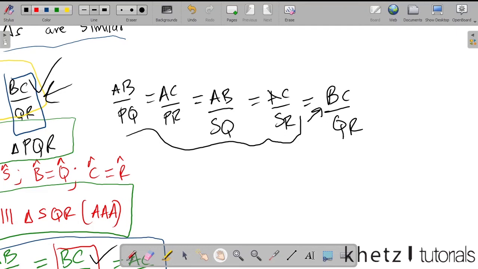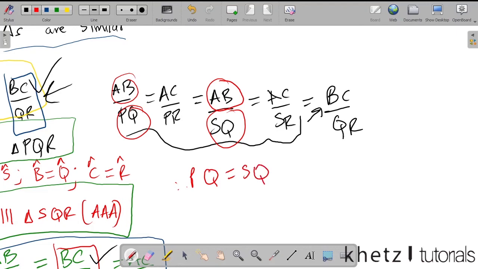And from that, if we just look at the common terms, we have AB at the top over there, which means the bottom has to be the same, which means PQ is equal to SQ. So you can make that conclusion, therefore PQ is equal to SQ. And we have AC there, we have PR and we have SR, which also means that PR is equal to SR.